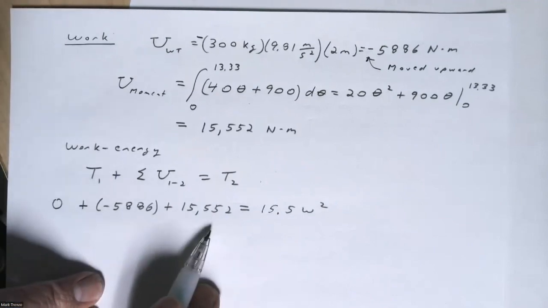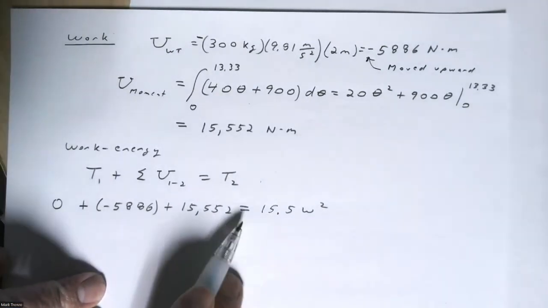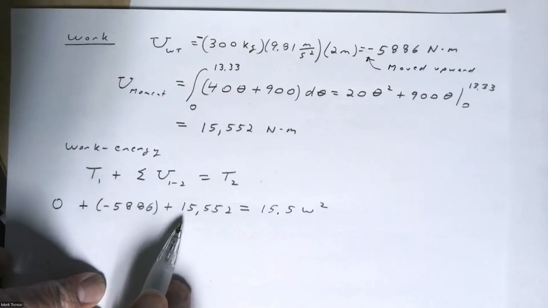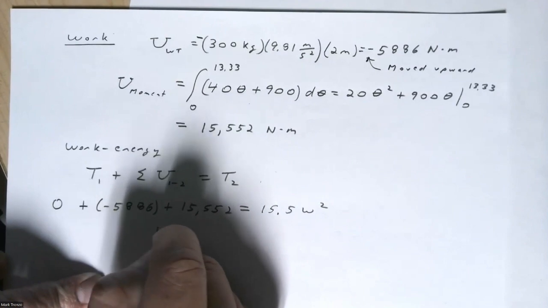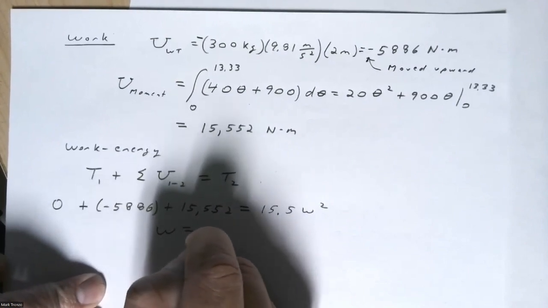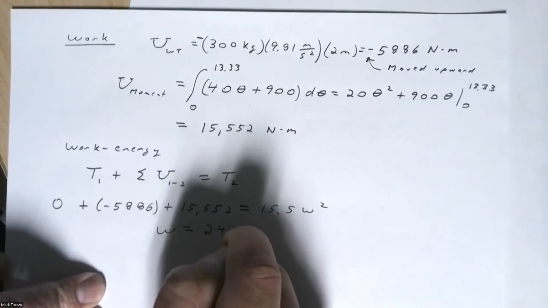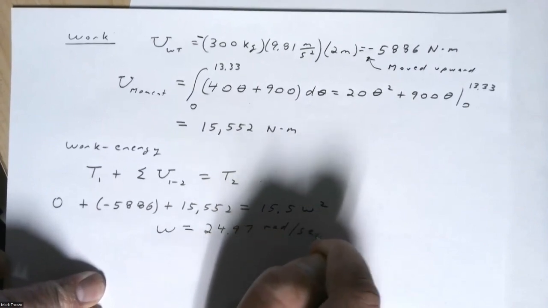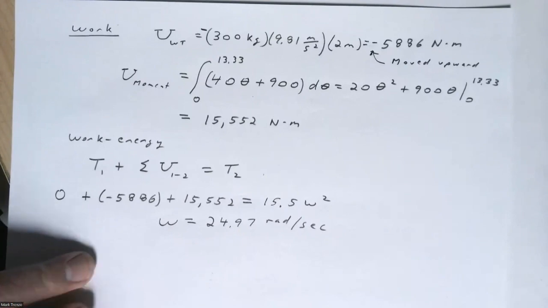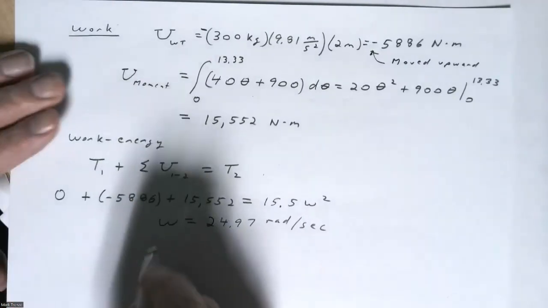And when you put this in your calculator, on the left-hand side, you get 623.6, but then you take the square root. You get omega is 24.97 radians per second. But now we want to know the velocity of the car.